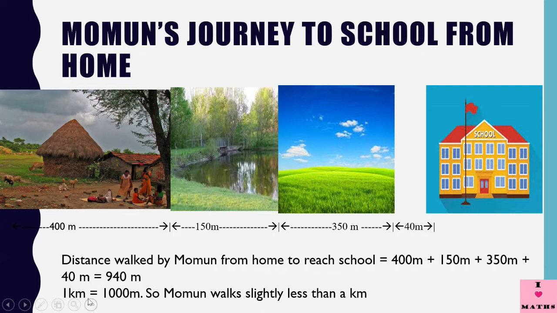Now children, since 1 kilometer is 1000 meter, Momon walks slightly less than a kilometer. So you can also find out how much more distance he will have to walk for it to become 1 kilometer full, right? You can find that out.